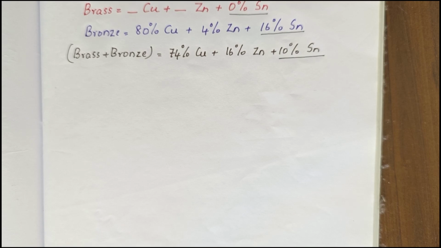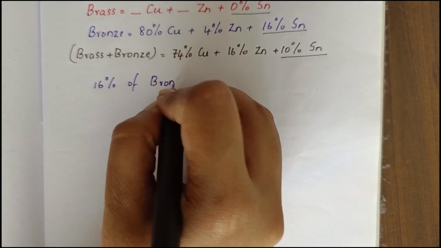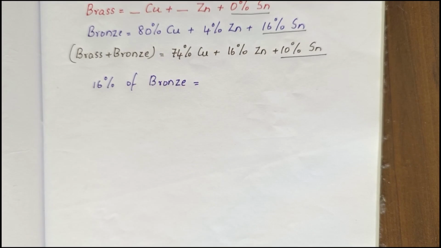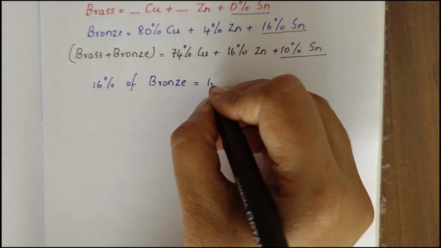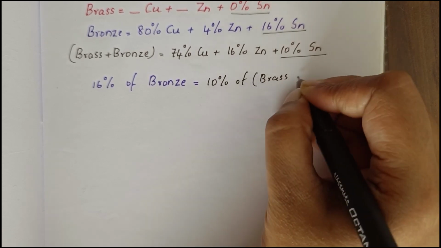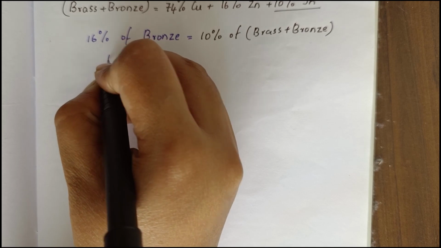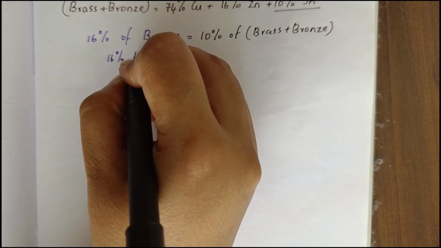So actually 16% of bronze is equal to 10% of the mixture, that is brass plus bronze, because brass does not contain any amount of tin, only bronze contains tin. So 16% of bronze is equal to 10% of brass plus bronze.